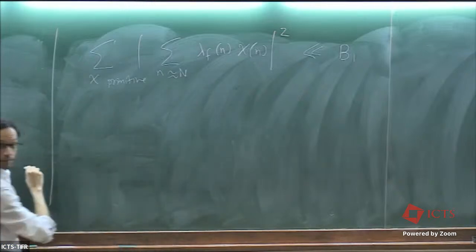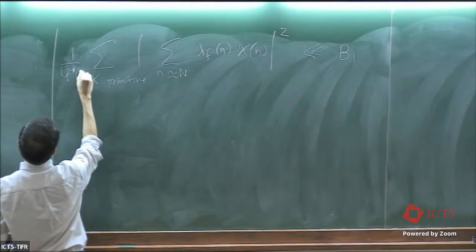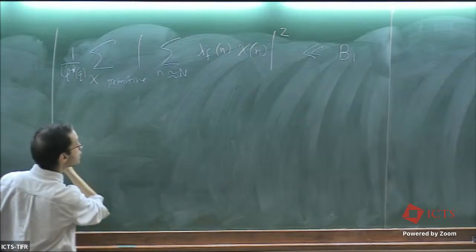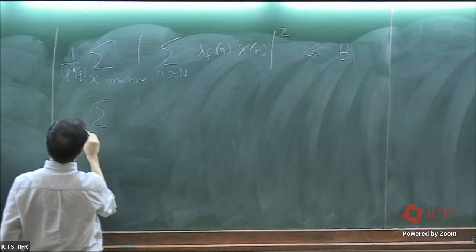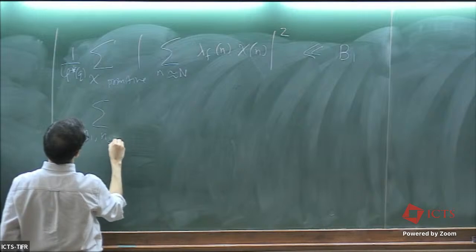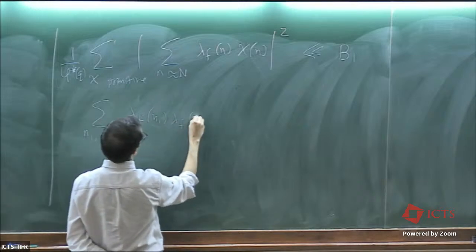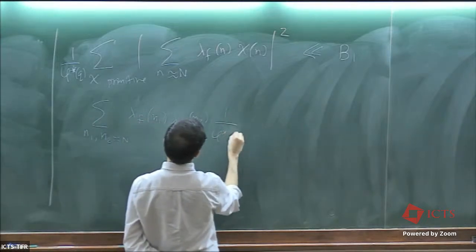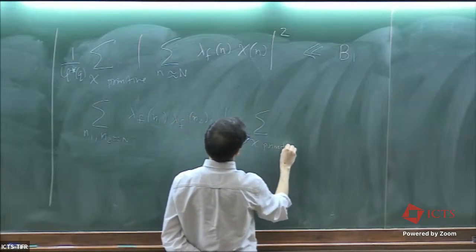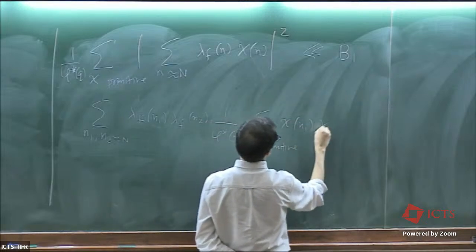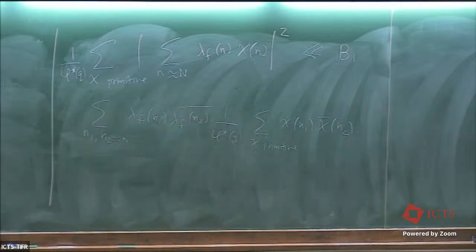So if you open this up and write things down, and maybe let's also divide by the number of things that there are, what you get over here is that this is now going to be, if you open the absolute value squared, a double sum. Let's say n1 and n2, and you have lambda f n1, lambda f n2, and you have this, and then you have this, and you have pi n1 chi bar n2.